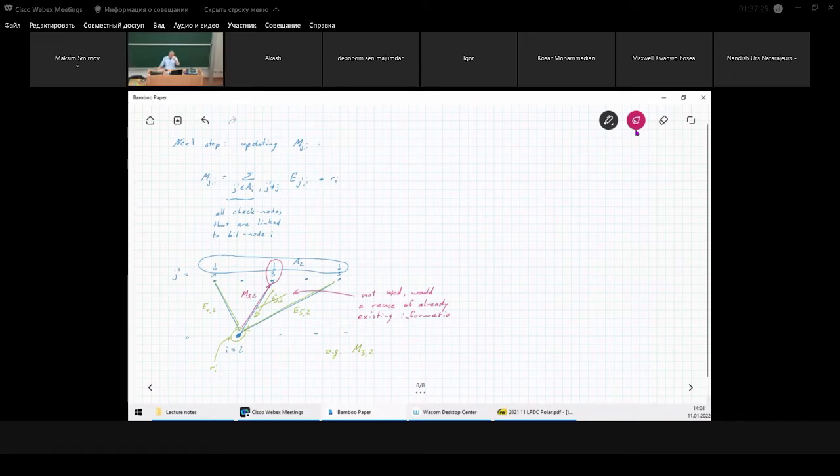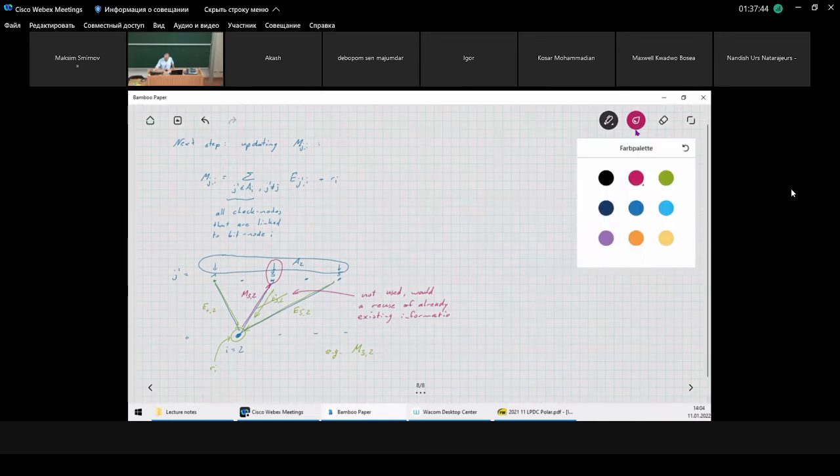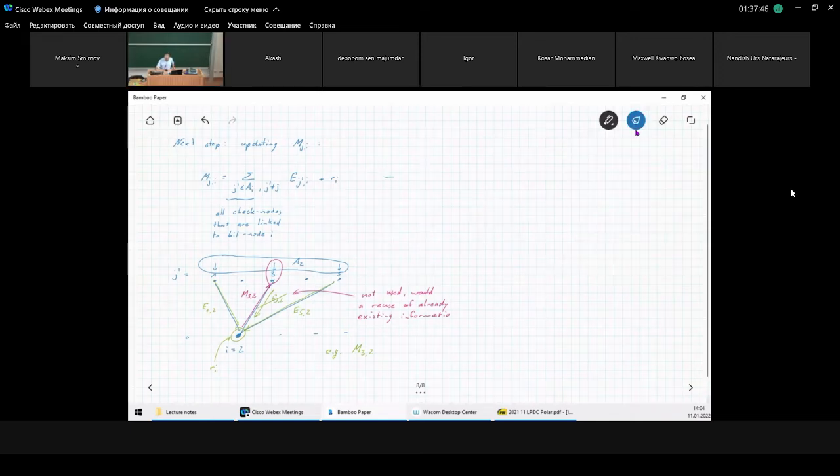So this is basically the message going up to the check node. So what can we learn from our previous observations, from our extrinsic information, then to update the values at our check nodes? So updating check nodes.